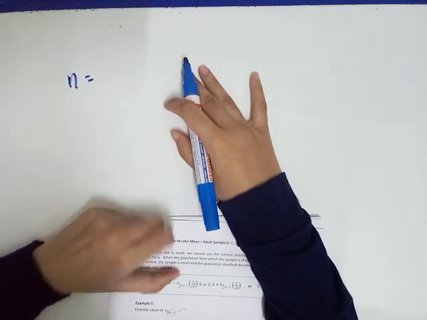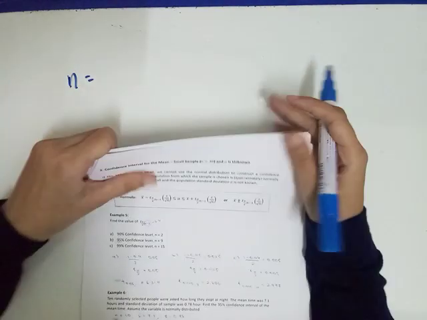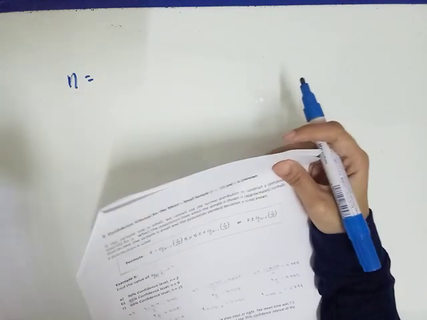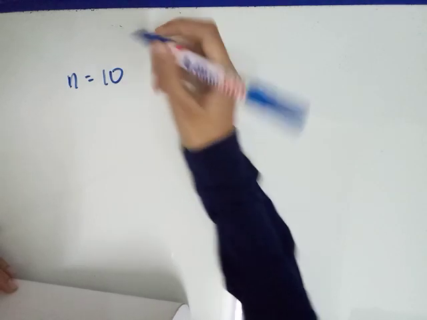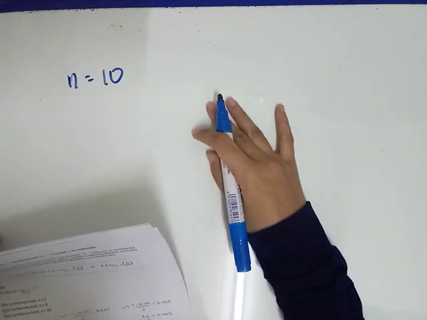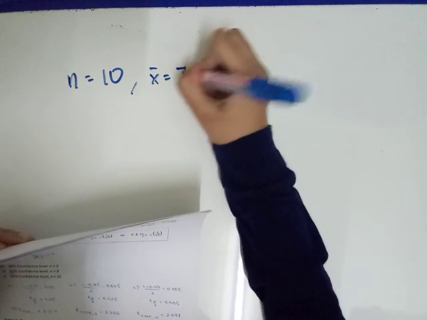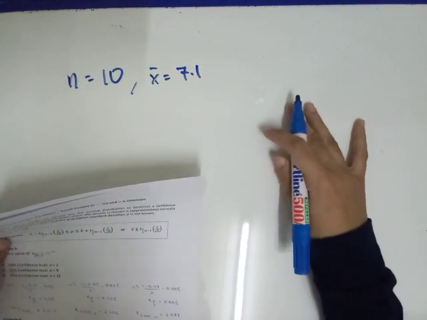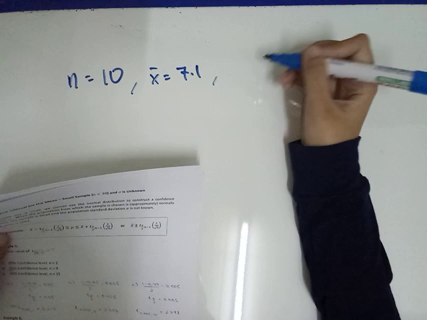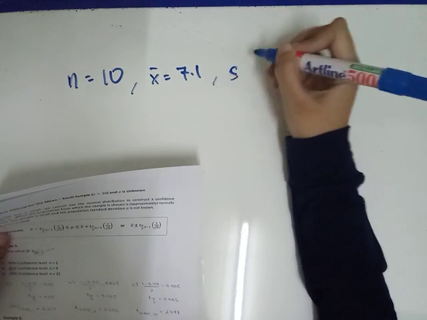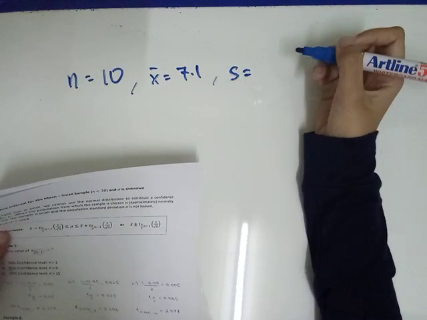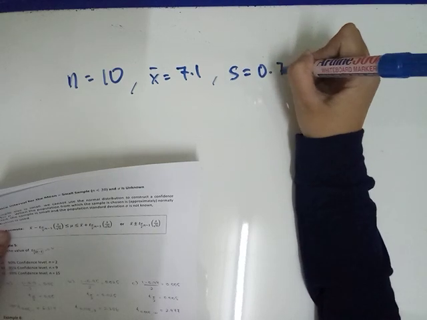What is n? Therefore, n is 10. The mean time is 7.1, and the standard deviation of the sample, we use symbol s, is 0.78.